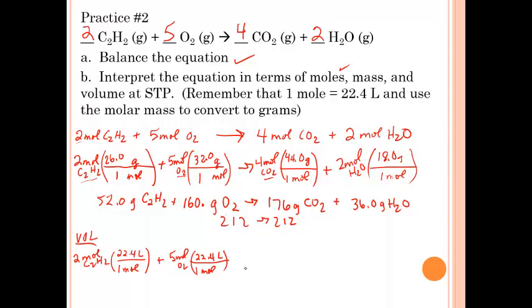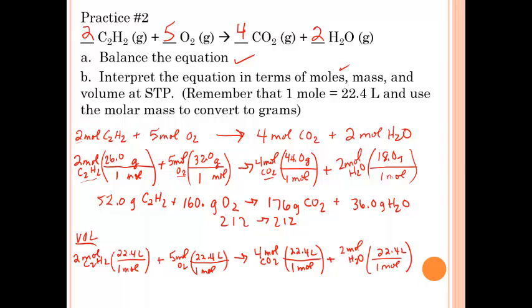So we're doing that for every single one of these. They were all in gas form if you look back up at the original equation. So our 4 moles of CO2, again, the conversion is 1 mole is 22.4 liters. And lastly, our 2 moles of water, which would be steam in this case since it's in gas form, 1 mole is 22.4 liters.